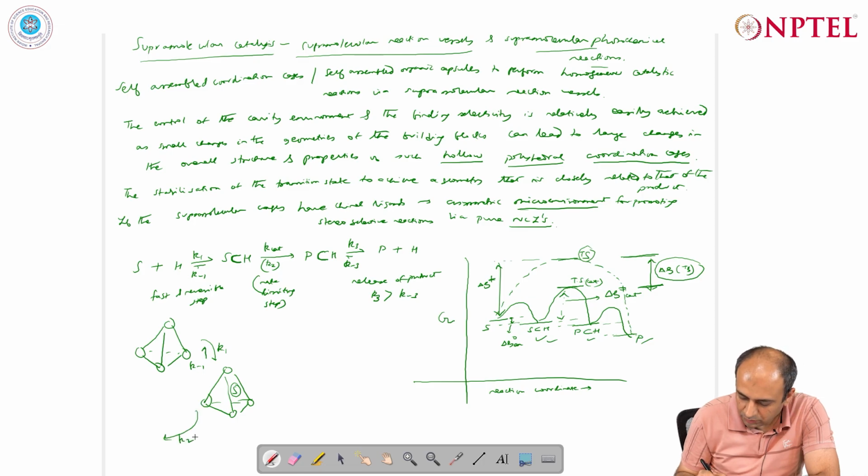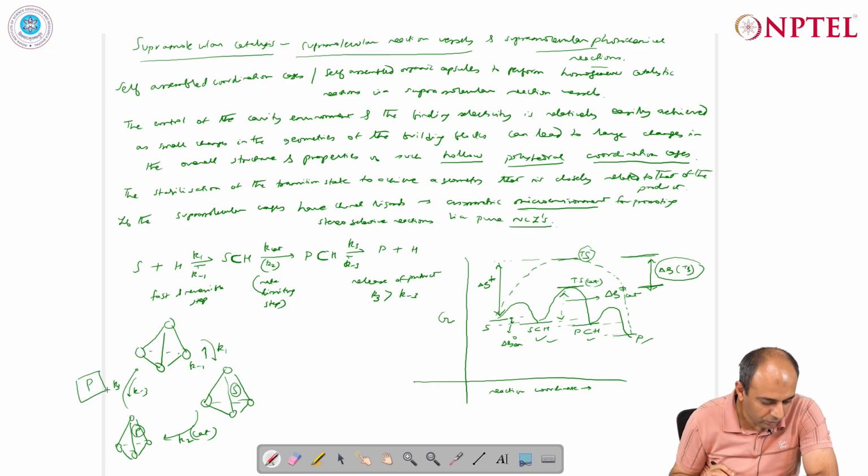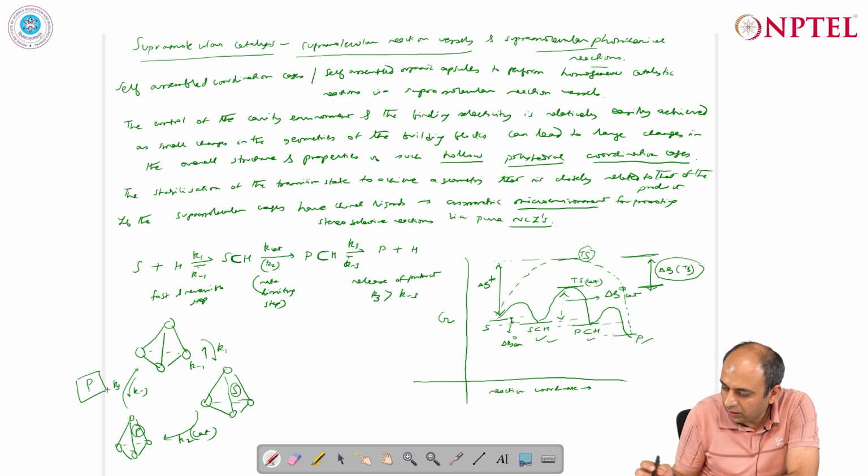This is K2, which is the catalytic step, and then we have the product formation here, and then K3, K minus 3 where the product is released into the bulk. And it is also important to keep in mind that the product must be not strongly bound with the supramolecular cage.